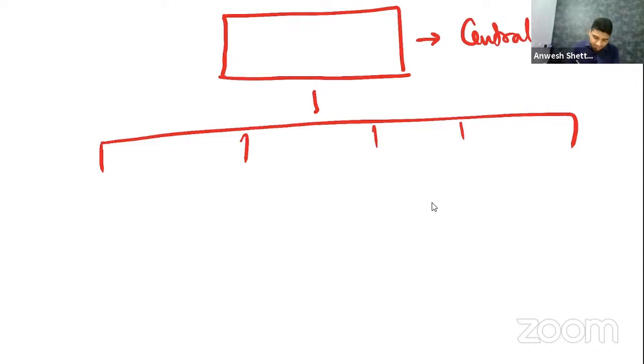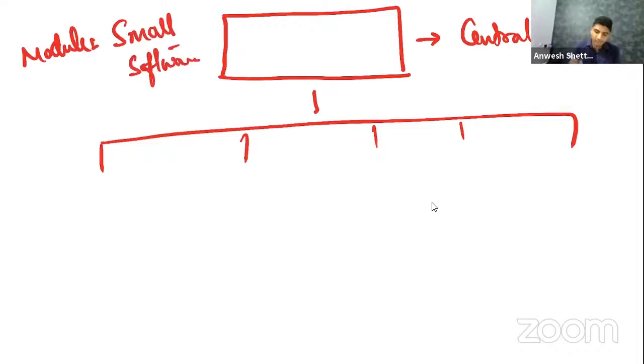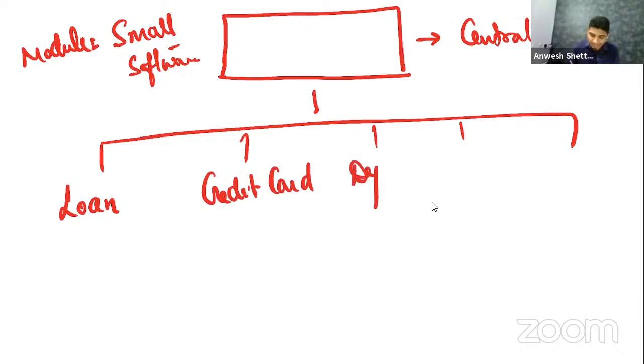Modules means small softwares. Module is equal to small software. For example, there will be a separate software for giving loans, a separate software for giving credit cards, and a separate software to handle all the deposit related transactions. There will also be separate software for various other aspects of the bank.